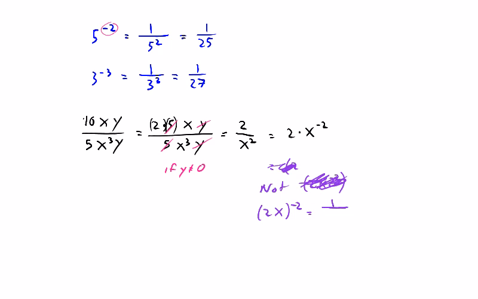So that would be the same as having 1 over 2x squared, which would be 1 over 2x times 2x, and we could simplify that to 1 over 4 since we can do multiplication in any order, and x times x could be written as x squared. So the quantity 2x to the negative 2 power is 1 over 4x squared, not 2 over x squared.